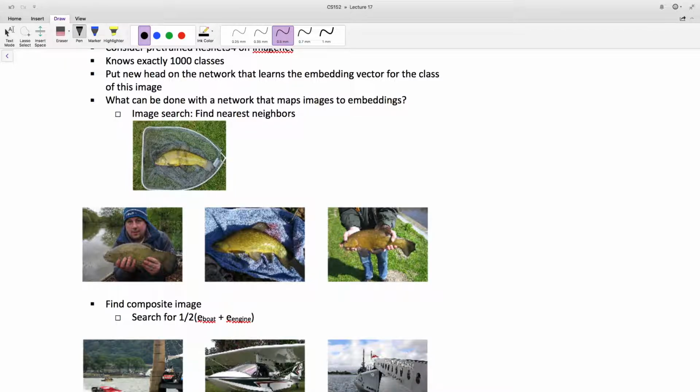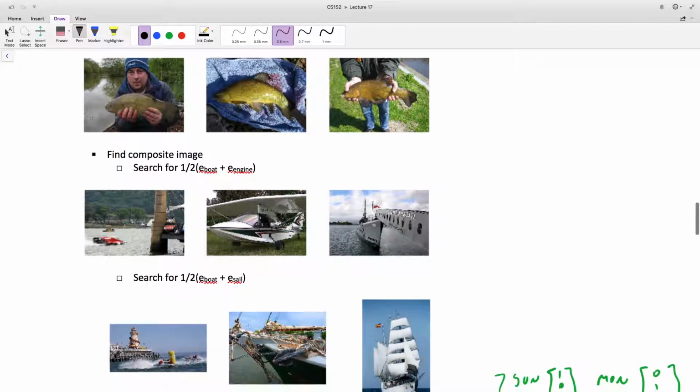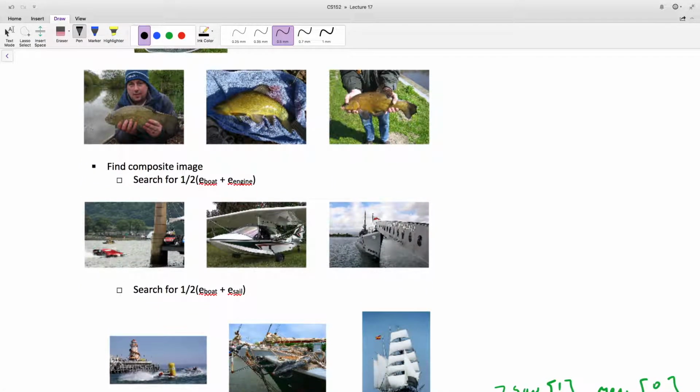Here's what else we can do. Just like we did arithmetic on vectors before, where we said, for instance, king minus queen equals man minus woman, those are the same vectors. We can search, for instance, the embedding vector of a boat and the embedding vector of an engine and find the average of those.